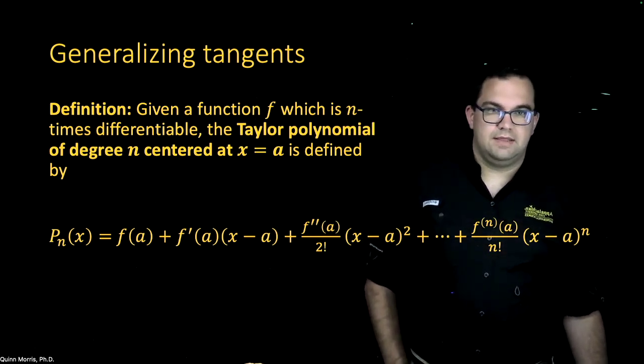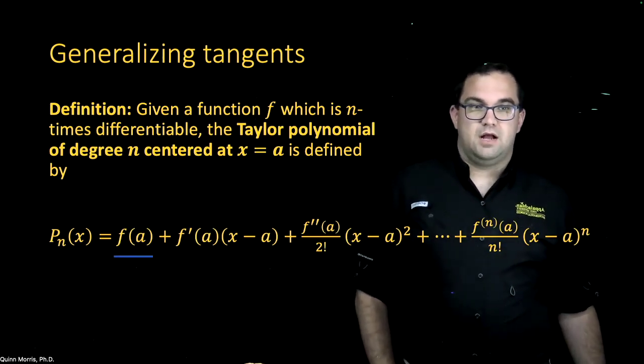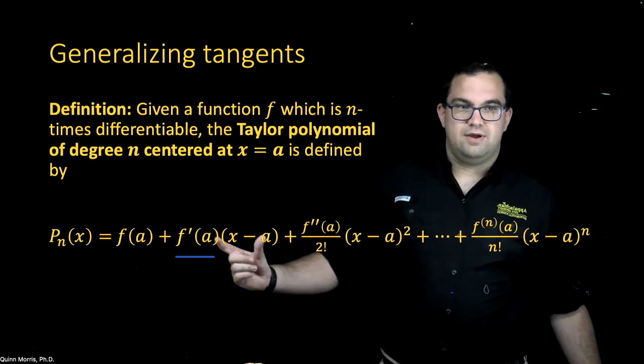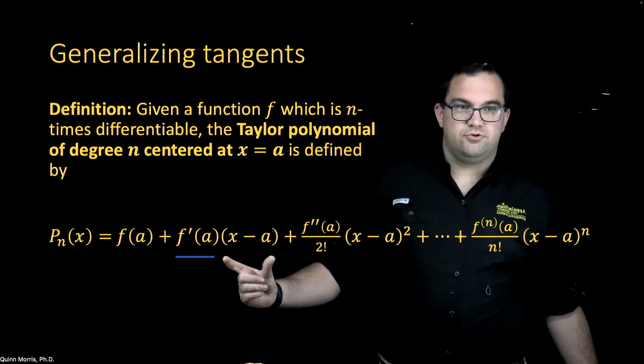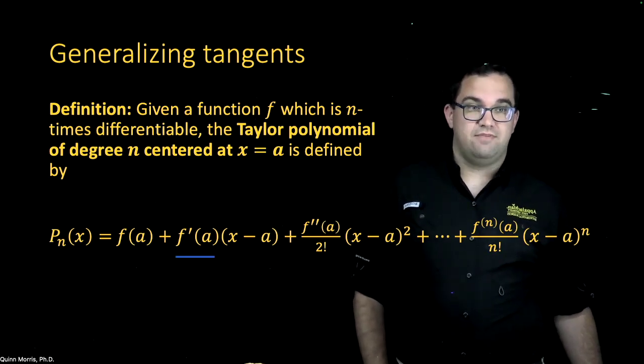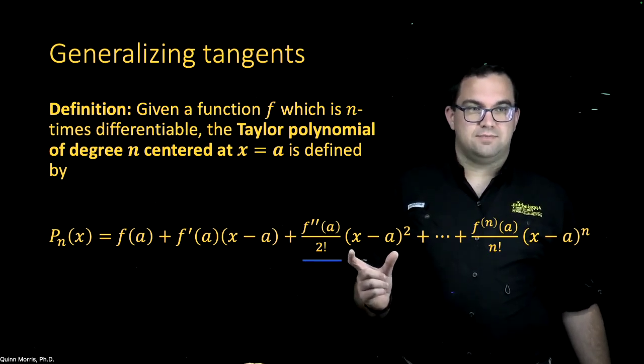Okay, so again, looking at these, you'll have first a constant term. That constant term will just be f of a, your function value at a. You'll have this linear term, x minus a, but its coefficient is just f prime of a, the derivative at a. You'll have this quadratic term, x minus a squared.